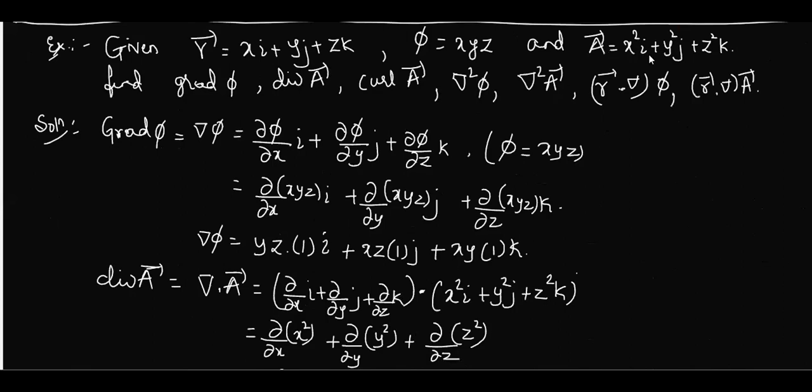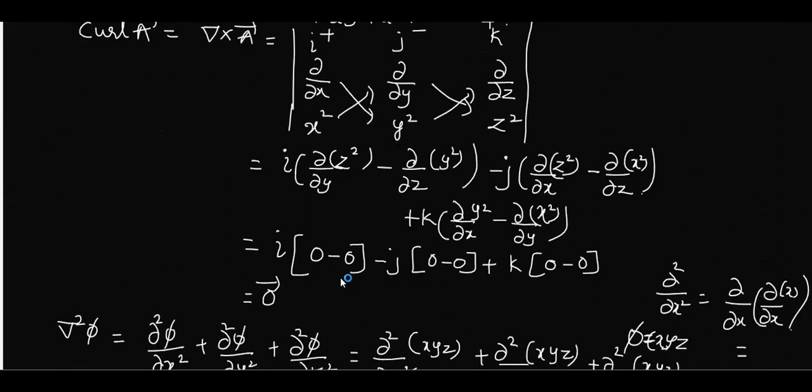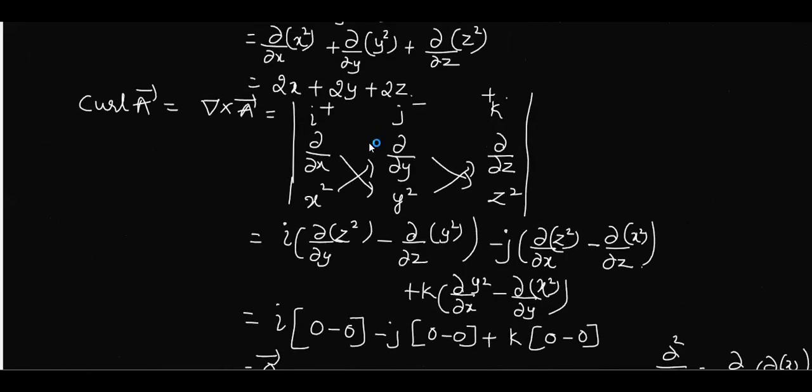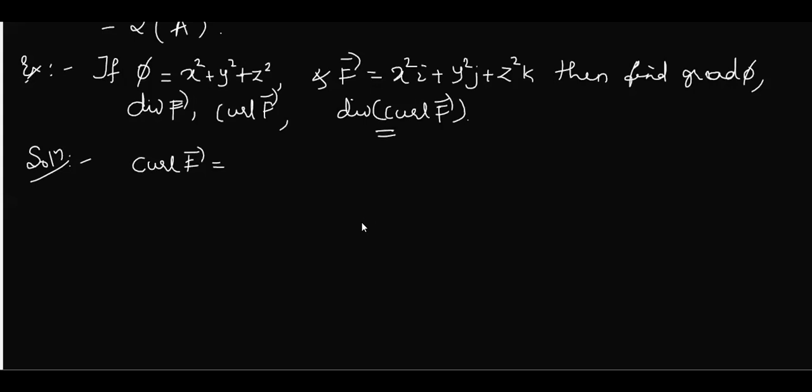So if I find the curl of A, what am I going to get? Very good, 0. Curl of this vector you will get as 0. Hope you can show it very easily.